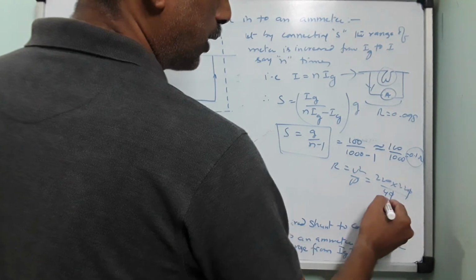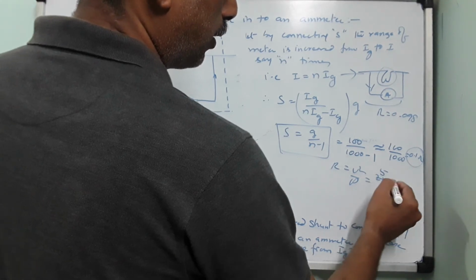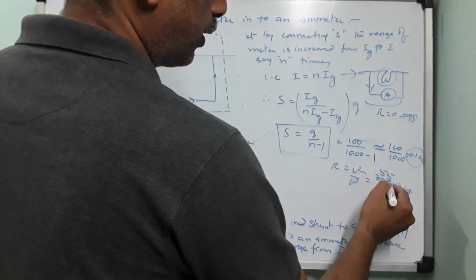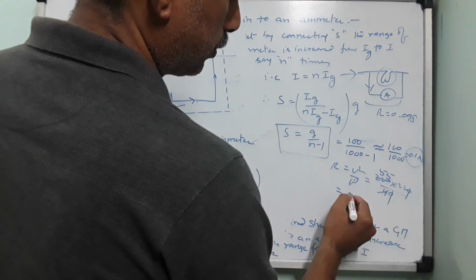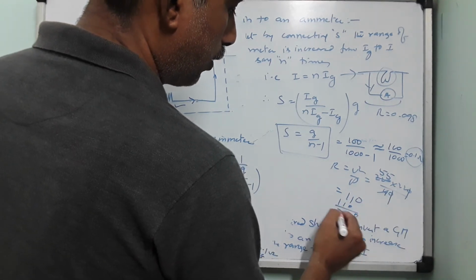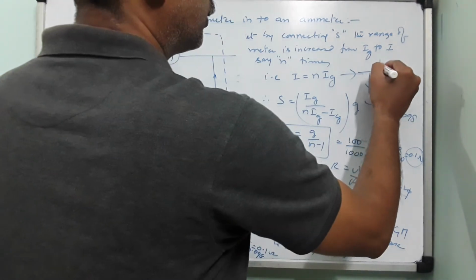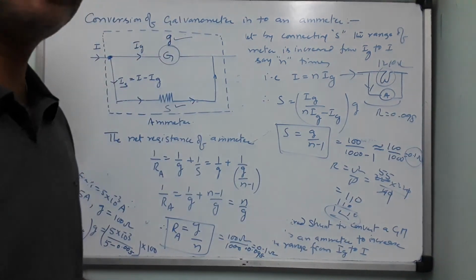This zero cancels; 4 goes into 220 fifty-five times, and 55 times 22 gives 1210 ohm. So this is 1210 ohm and this is 0.098 ohm. In which will the current flow, children?